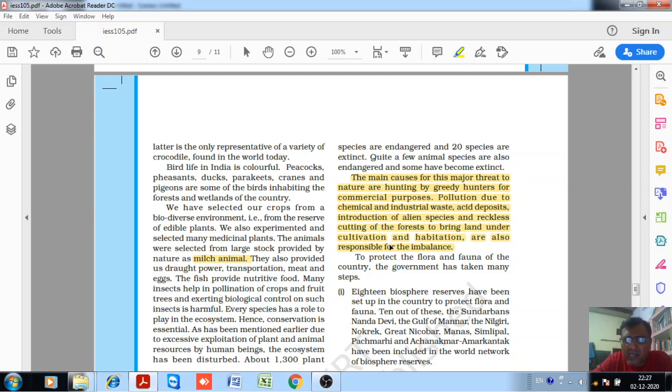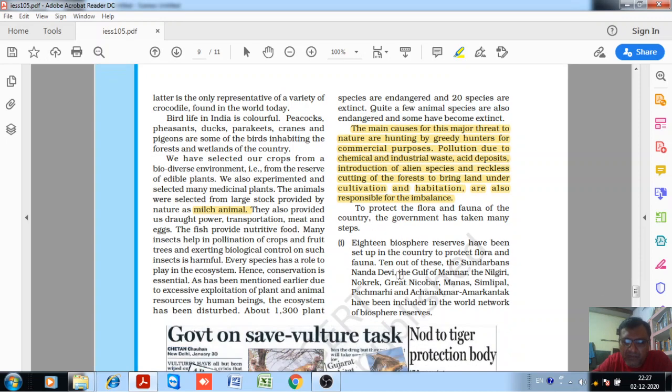All these reasons are responsible enough to see the importance of all the species of plants and animals and for their conservation.